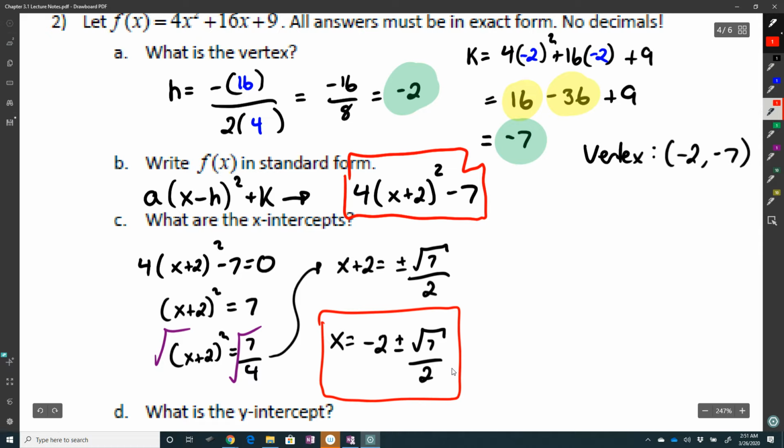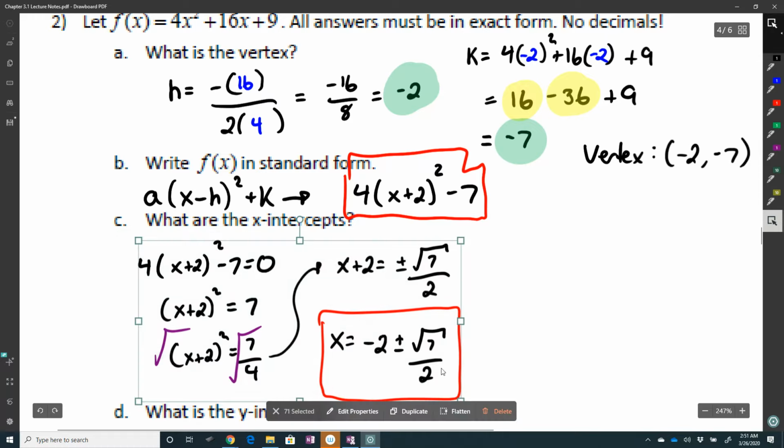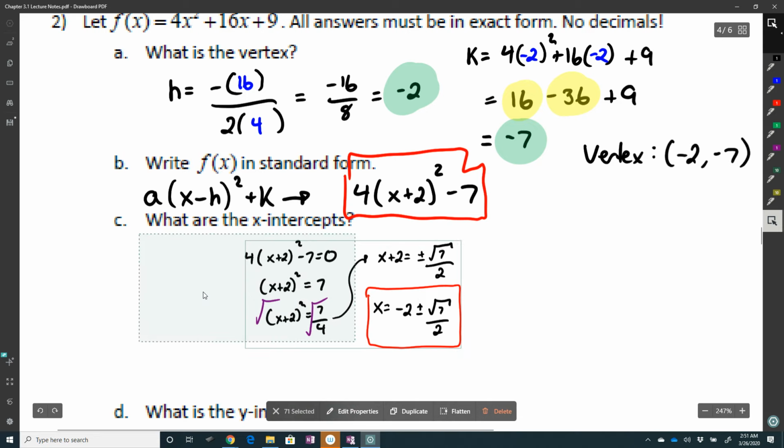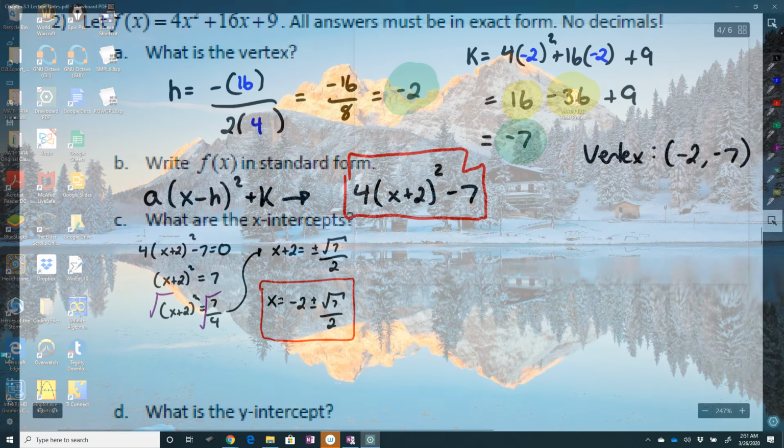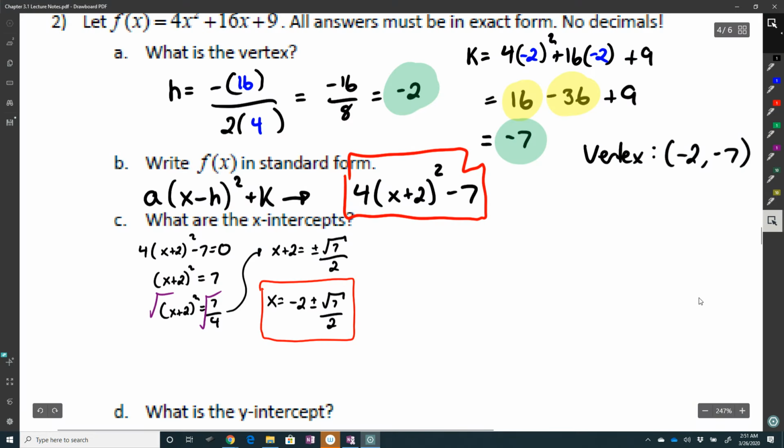And we have our two x-intercepts. Again, if you wanted to, you could have also done the quadratic formula. I'll try to fit it on the same page this time. So if you're doing the quadratic formula, it's going to be x is equal to negative b, so negative 16, plus or minus the square root of b squared.